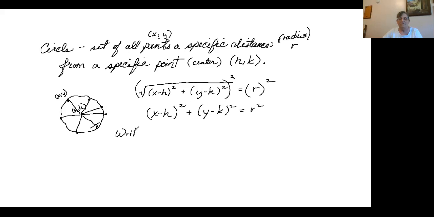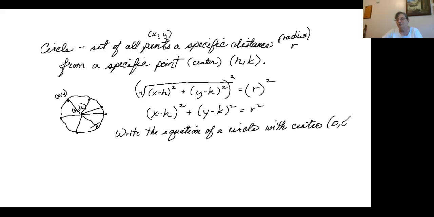So if we wanted to write the equation of a circle with the center at 0, 0 and radius 3, that would become X minus 0 squared plus Y minus 0 squared, because this is H and K, equals 3 squared.